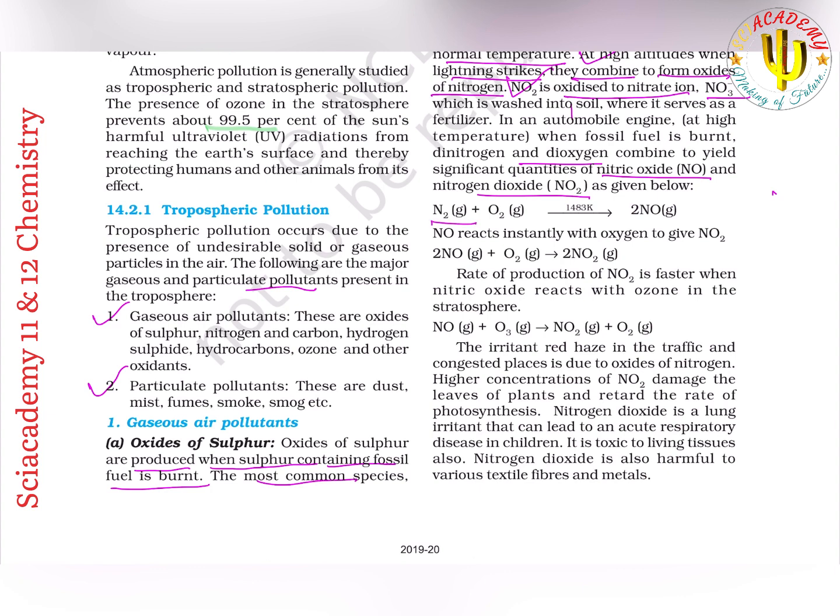N2 in gas form plus O2 in gas leads to, at higher temperature 1483 Kelvin, twice nitric oxide in gaseous form. Nitric oxide reacts instantly with oxygen to give nitrogen dioxide. 2NO in gas form plus O2 in gas leads to 2NO2 in gas.